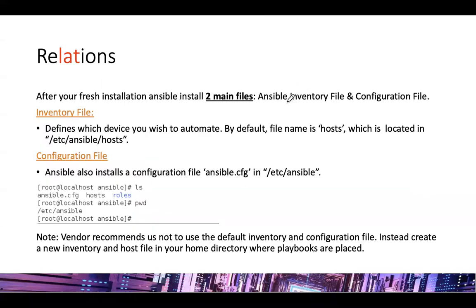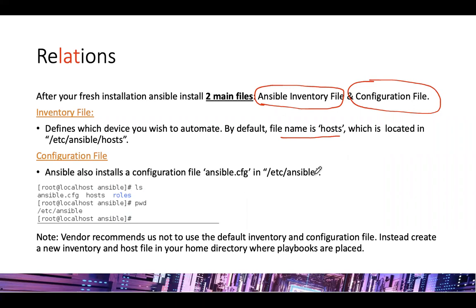The default configuration involves a default inventory file and a default configuration file. The default inventory file is basically the file which has all hosts in it. As I mentioned, the inventory file is the file that lists all the end hosts.